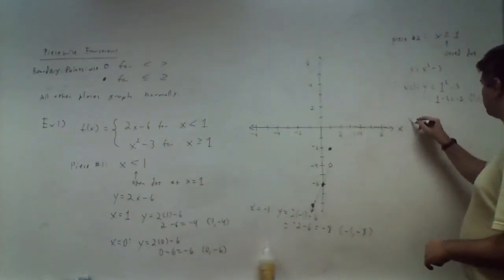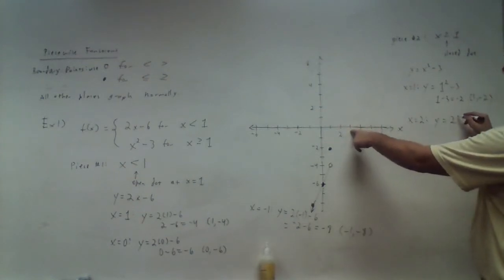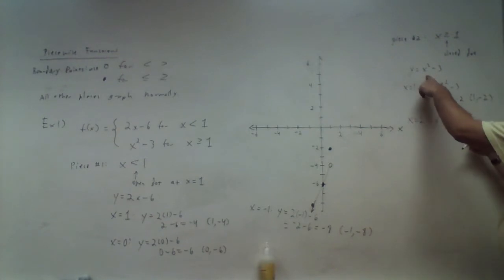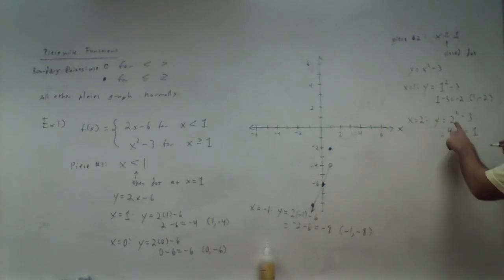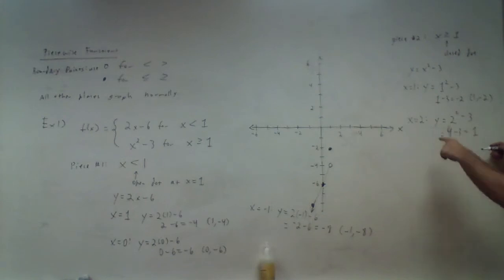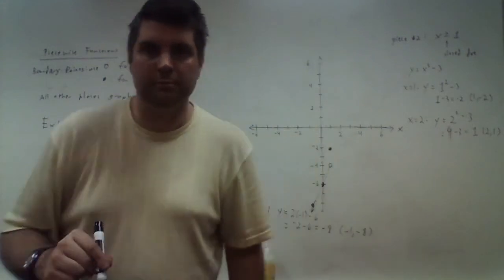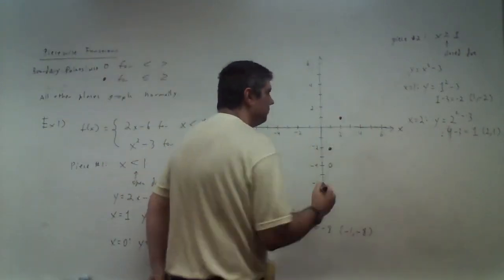How about, moving right along, let's do x equals 2. y equals 2 squared minus 3, because we're following this rule here. 2 squared is 4. I get 1. So the point is 2, 1. Okay, so 2, 1.